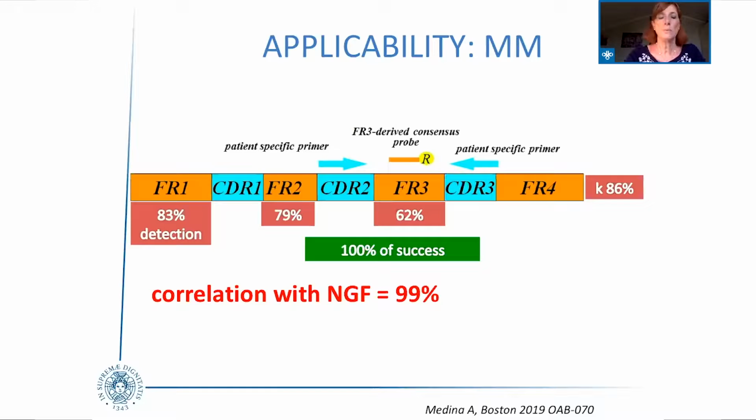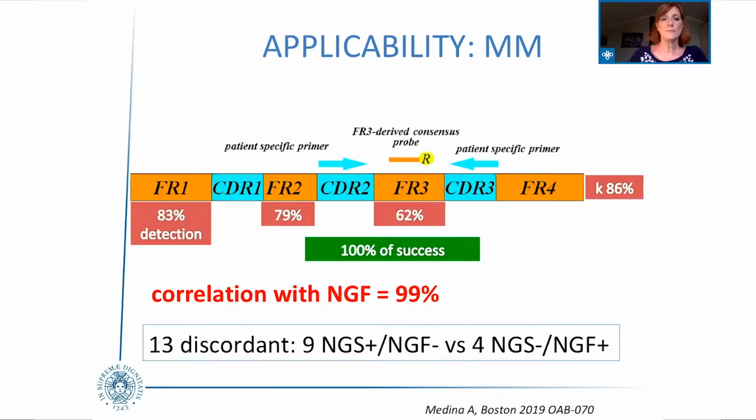And when authors correlated NGS with NGF, they found a correlation of 99% with a superiority of NGS. Indeed, 9 out of 13 discordant cases resulted NGS positive, while they were negative by NGF.